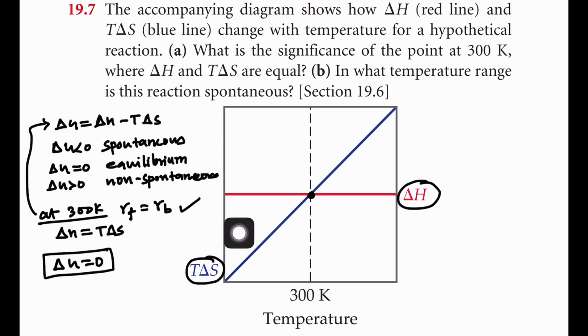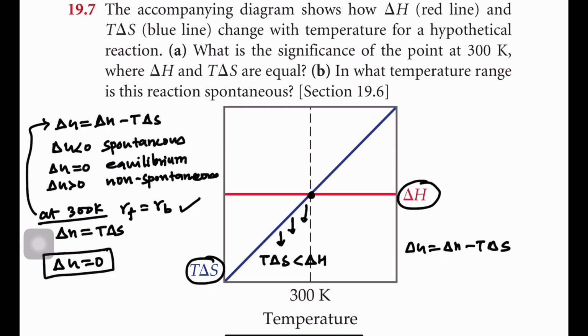Now see, find the spontaneous temperature range by using this graph. For temperature below 300 Kelvin, the blue line, that is the T delta S line, is below the red line. So we can say that in that region T delta S is less than delta H, and you know that delta G is equal to delta H minus T delta S. So if delta H is greater than T delta S, it means delta G is positive in this range.